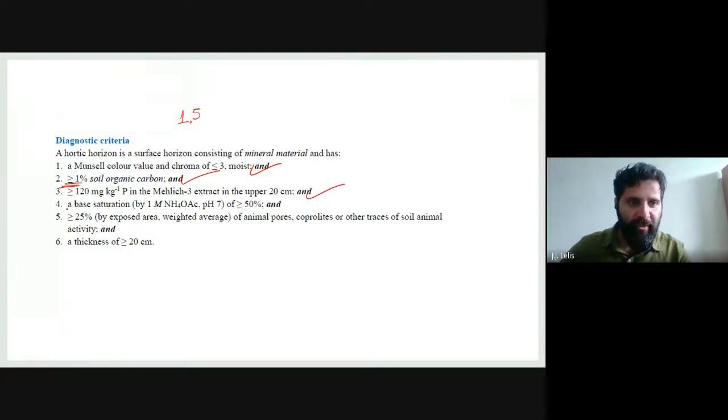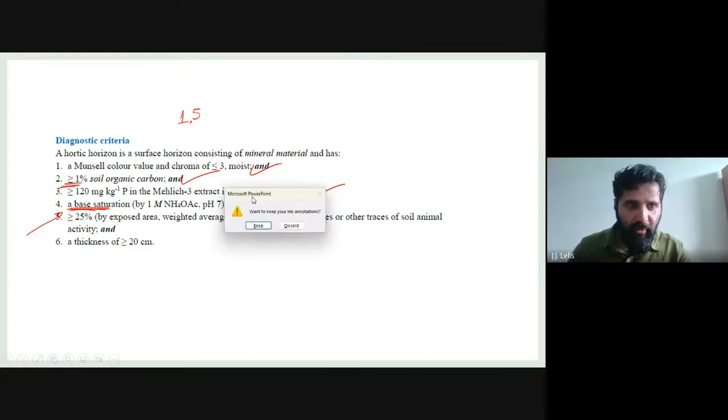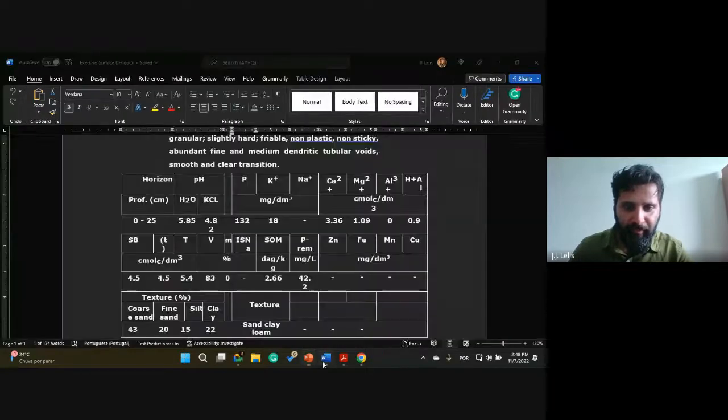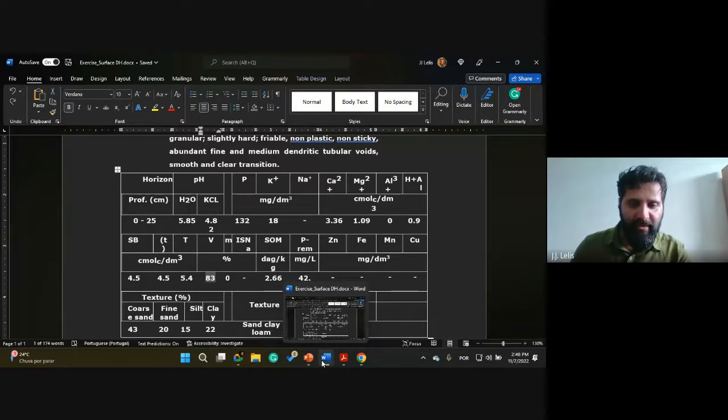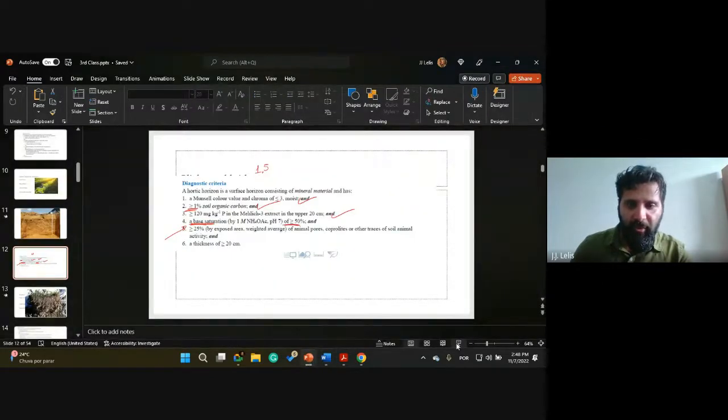We should present a high base saturation because humans try to increase the fertility of the soil. So we should present at least half of the cationic exchange capacity fulfilled by bases. In this case, we have 83%. So we have much more than half of the CEC fulfilled by bases.